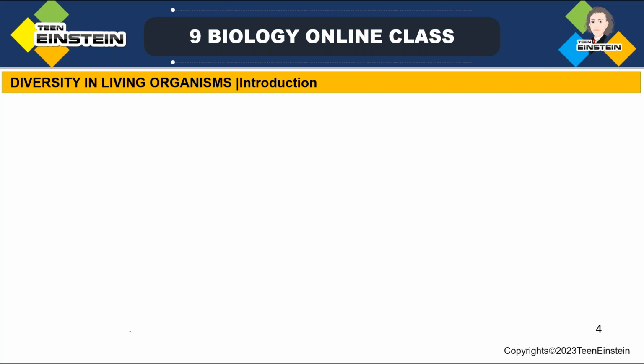So here, what is the basis of classification? Broad divisions are made on the basis of the basic characters of the organisms. That is making the broader groups. The next set of characters you can pick, and you can make subgroups.